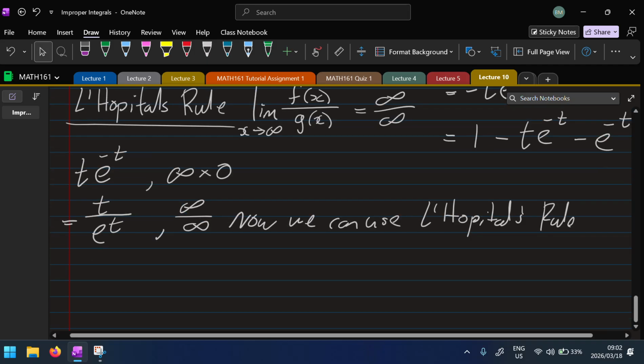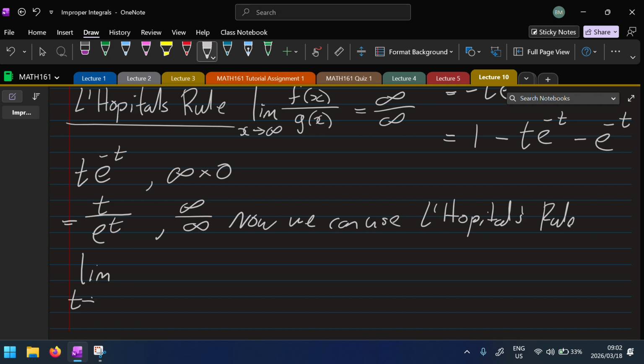Okay, so what is L'Hopital's rule? Well, we want the limit of this. So the limit as t goes to infinity, t over e to the t. By L'Hopital's rule, this is the same as the limit where we do the derivative on the top and the bottom.